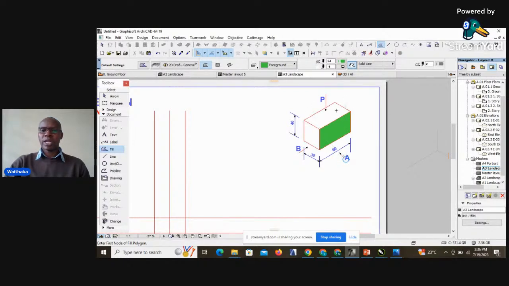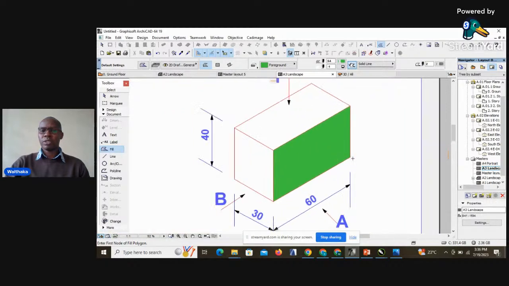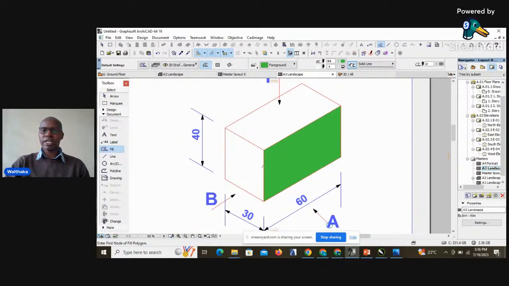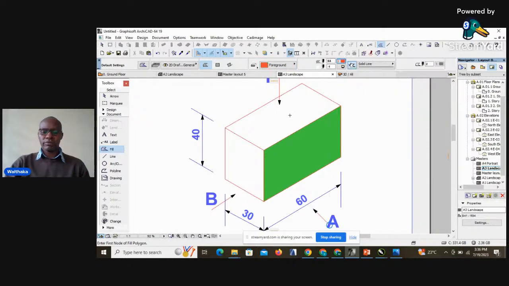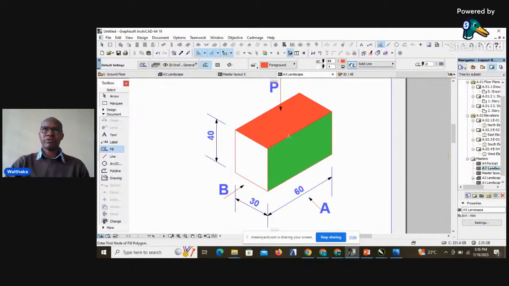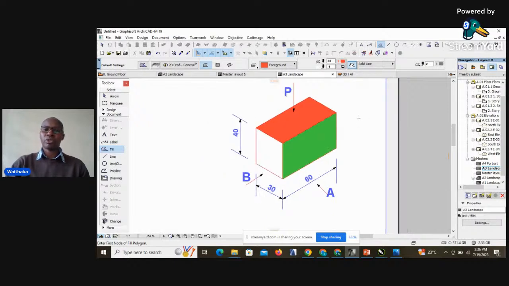Then the plan is always from the top. So the side that I've highlighted with green will be our front view, and then the plan is usually from above. So anytime when we talk of plan, it is a view that is generated when you observe from above, or what is usually known as bird's eye view.